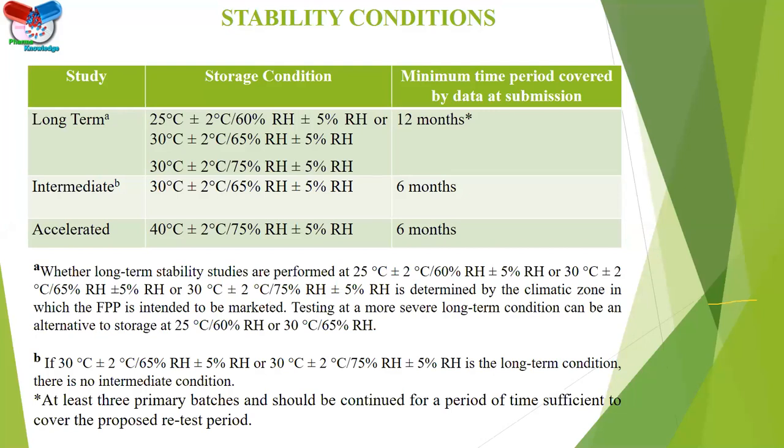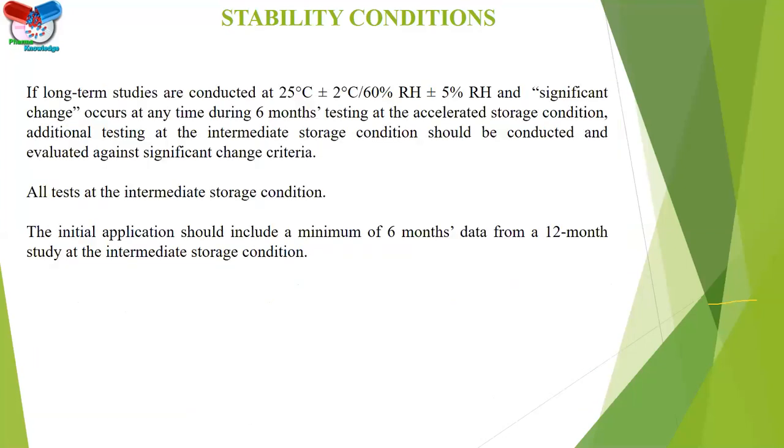At least 3 primary batches should be continued for a period of time sufficient to cover the proposed retest period. This is the minimum requirement for submission of data; there should be a commitment to study the product further. If the long-term study is conducted at 25/60 and a significant change occurs at any time during the 6 months testing at the accelerated storage condition, additional testing at the intermediate storage condition should be conducted and evaluated against significant change criteria.